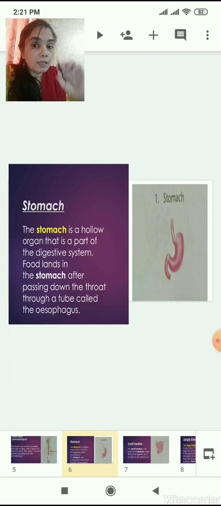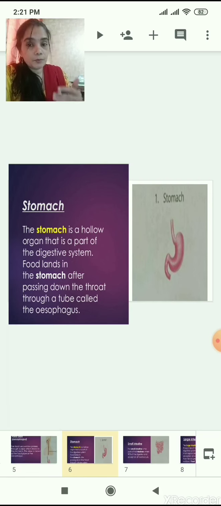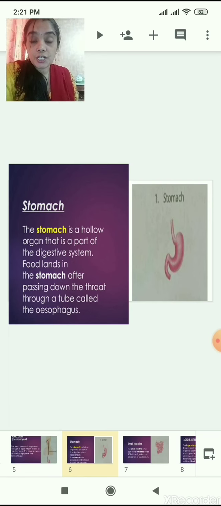For example, hydrochloric acid is there in our stomach. It helps to kill the germs present in the food. Like this, many digestive juices help the food to continue the process of digestion and to churn the food. These juices start to break down the proteins and fats into simpler substances.